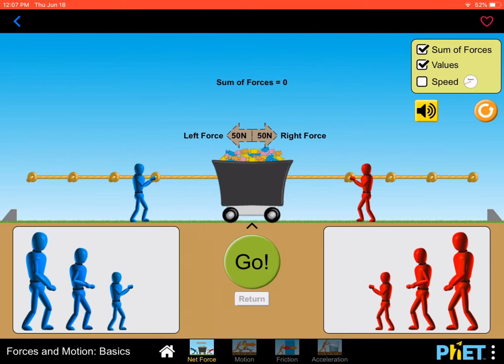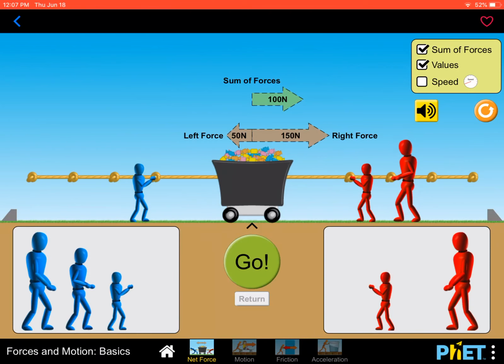Now let's say we add another force here. You can see the red team has 150 newtons towards the right, and the blue team has 50 newtons towards the left. According to this, the sum of the forces is 100 newtons, and that force is towards the right.